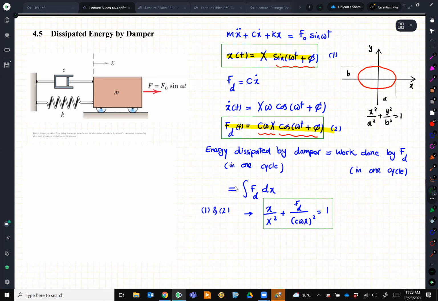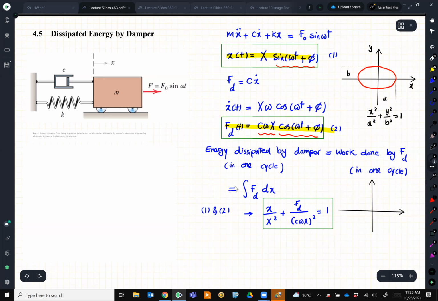So in other words, I can plot F_D, the force in damping, against displacement.